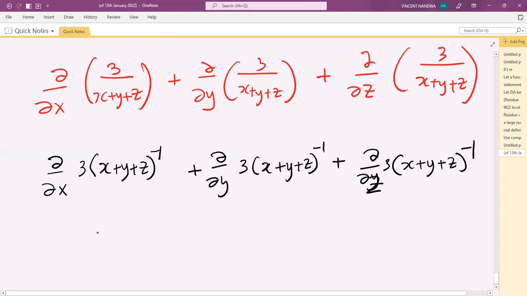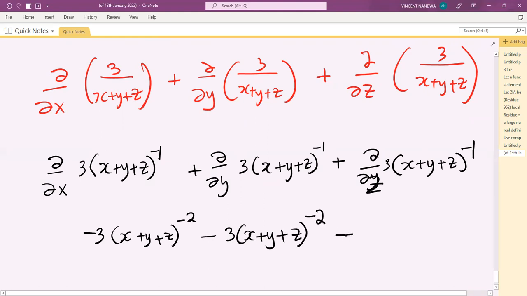So this one will give you minus 3 into x plus y plus z raised to -2, minus 3 into x plus y plus z raised to -2, minus 3 into x plus y plus z raised to -2.